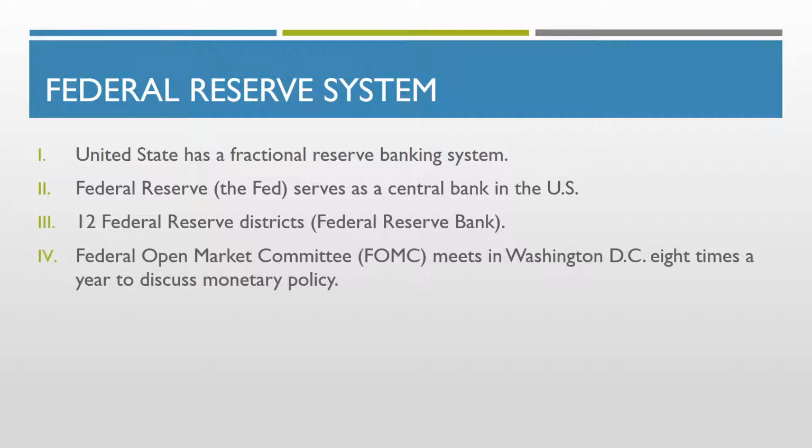The Federal Reserve System actually has a meeting in Washington, D.C. They will meet 8 times a year to discuss monetary policy. And this meeting is what we call the Federal Open Market Committee, the FOMC.